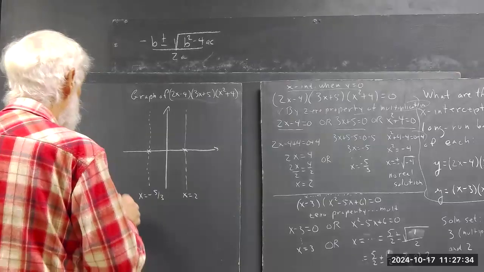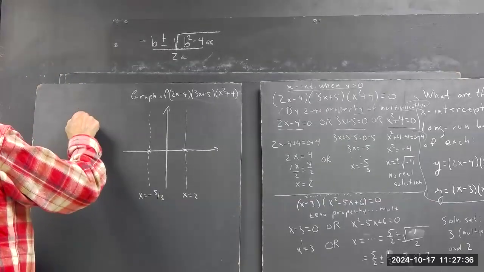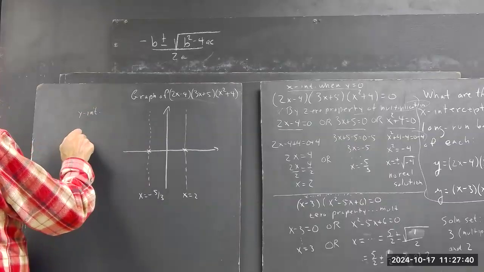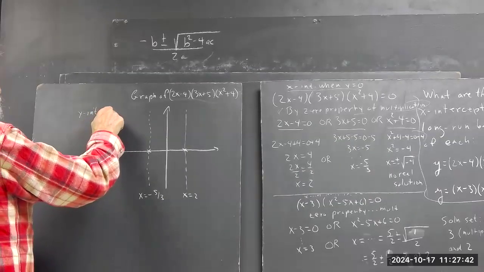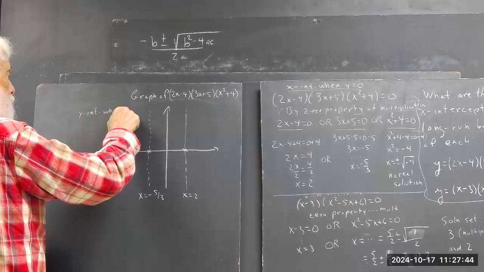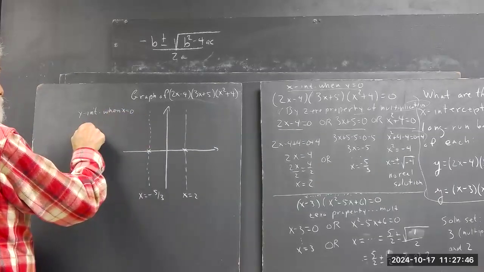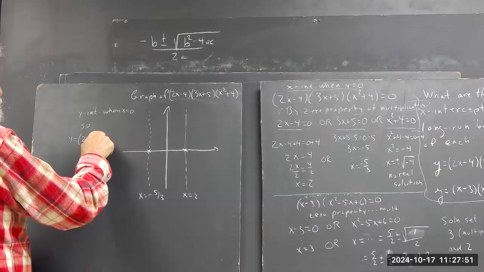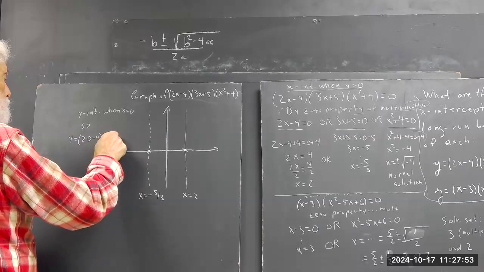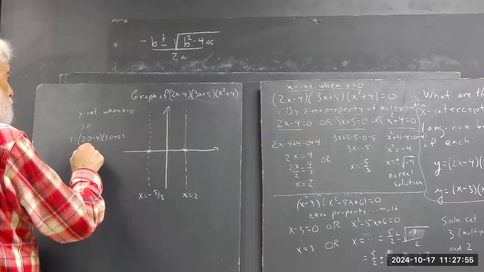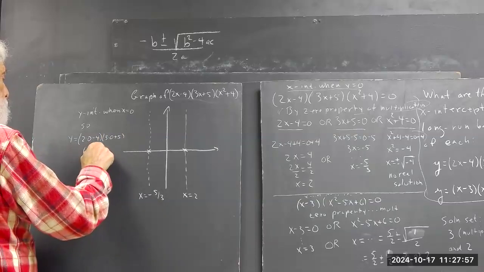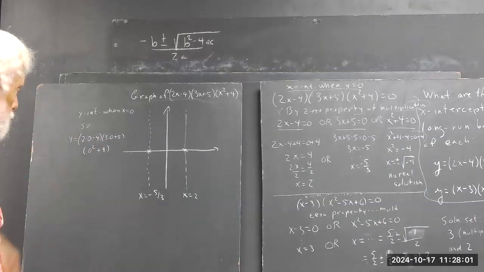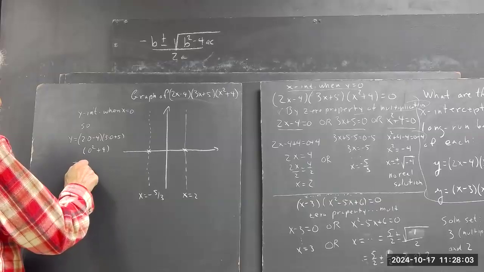Now I haven't figured out the y-intercept. But the y-intercept, you can write it out, all the multiplications by 0.